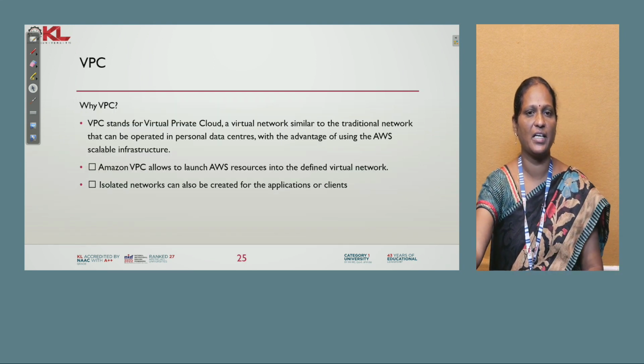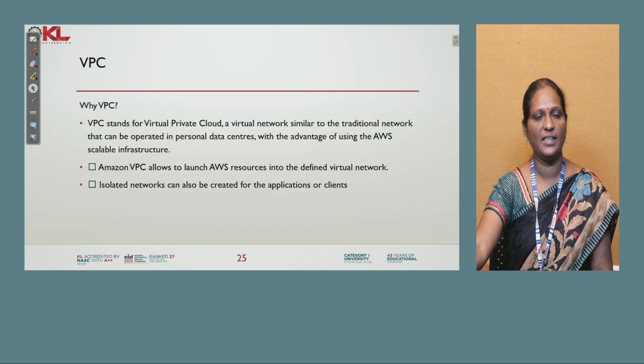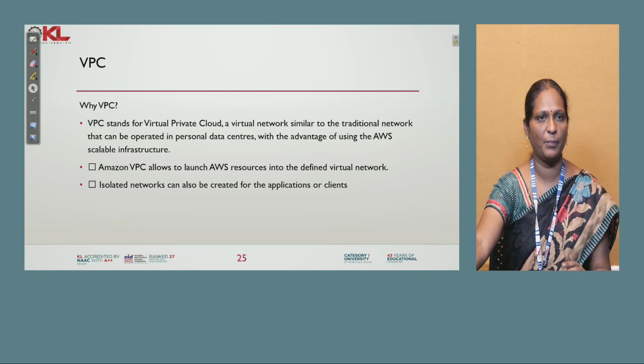And the next one is VPC. In this session we are discussing S3, EC2 and VPC. VPC is called virtual private cloud. As the name implies, if you create any virtual machines in your free tier account, by default they are in the public VPC. But a virtual private cloud creates your own cloud space, completely dedicated to you.